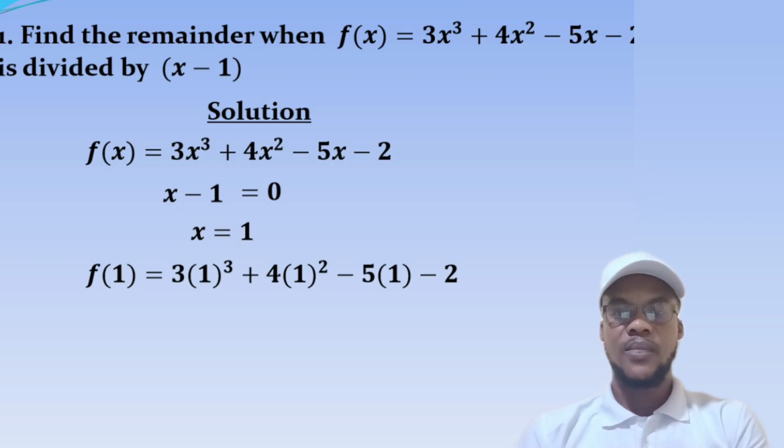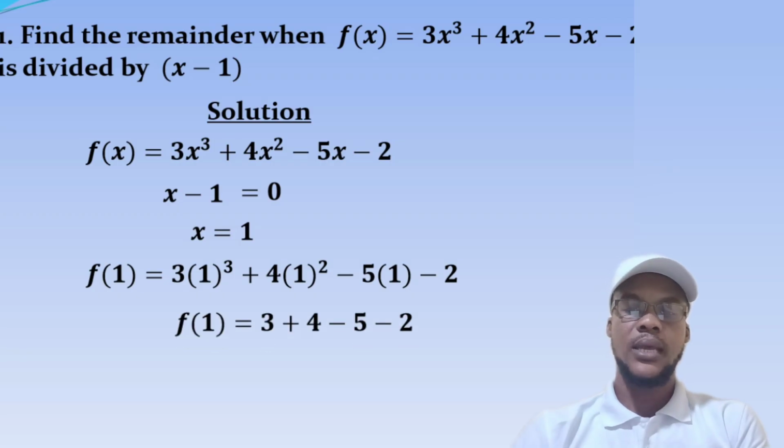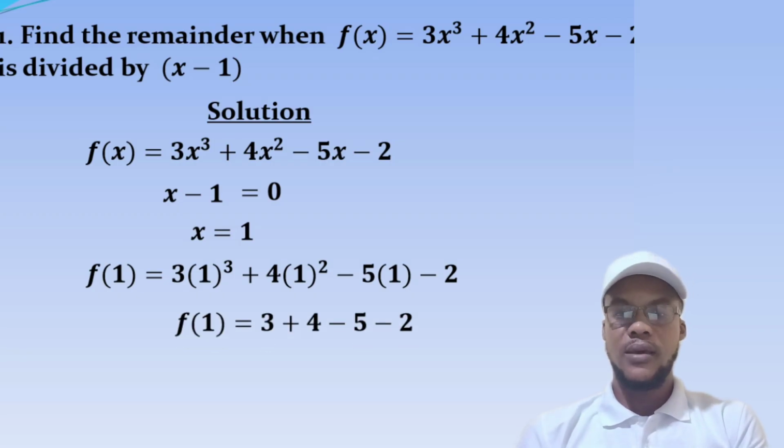We are going to get f at 1 is equal to 3 multiplying 1 cubed plus 4 multiplying 1 squared minus 5 multiplying 1 minus 2, and that is 3 plus 4 minus 5 minus 2, and that gives 0.